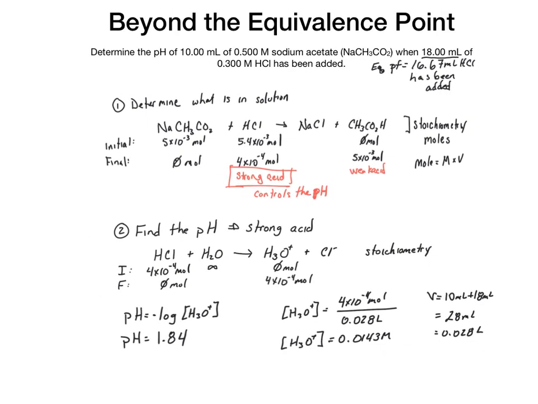And so past the equivalence point, you are going to have a strong acid or base in solution always, and you find the pH of strong acids or bases using stoichiometry.